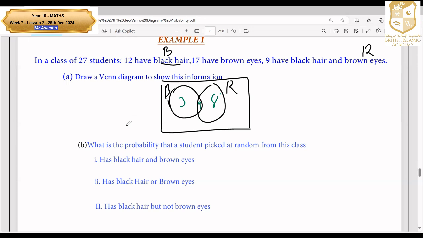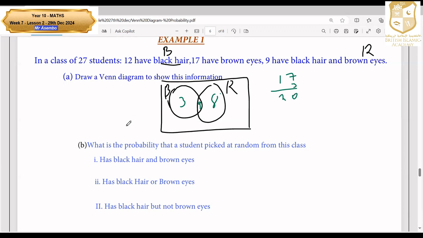Okay, now let's check how many are remaining outside. Who doesn't have brown eyes or black hair? If you add inside here, 9 plus 8 is 17, and then 17 plus 3 gives us 20.